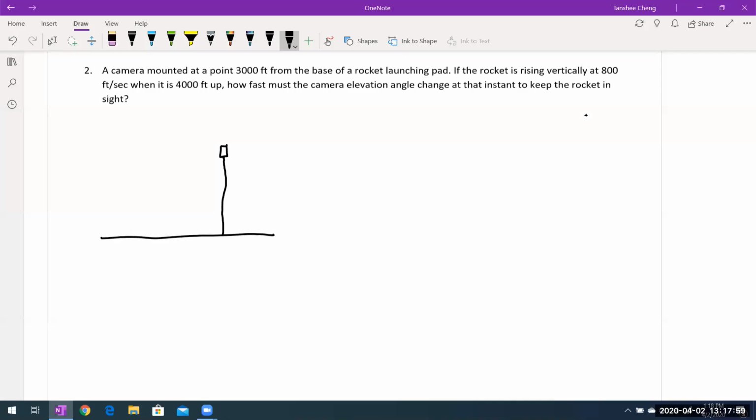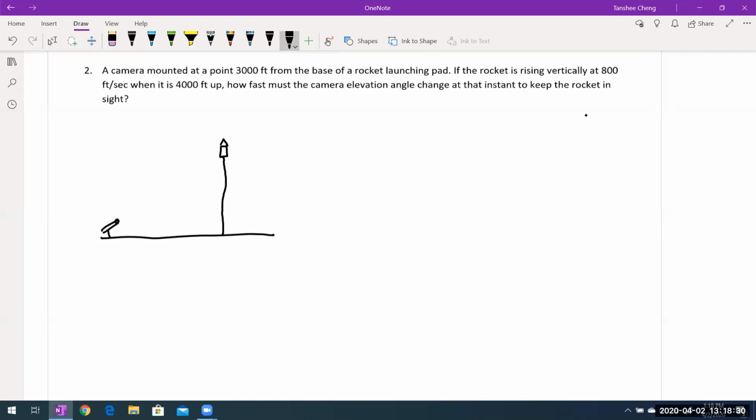And there is a camera that's put on the ground, looking at the rocket. I should draw this a little bit bigger so that you can see the angle of elevation. So this camera starts from here and then moves up as the rocket is moving.